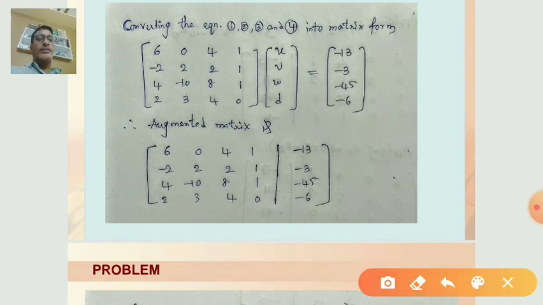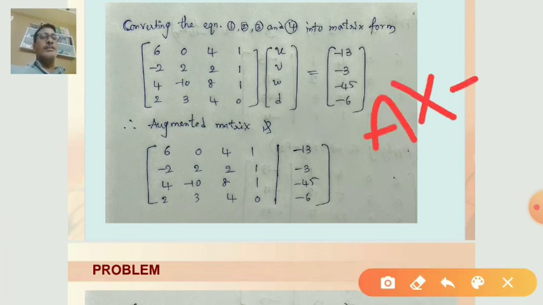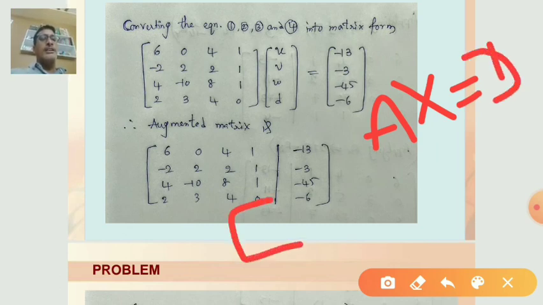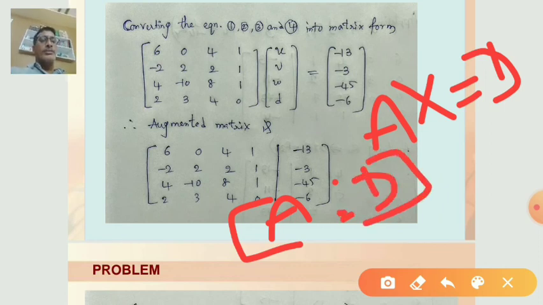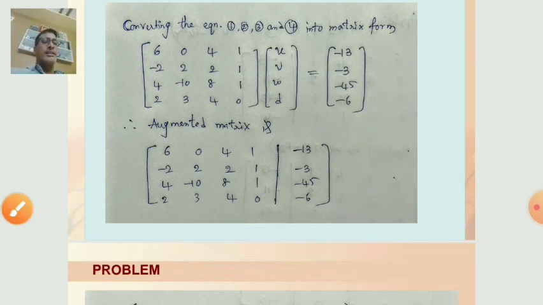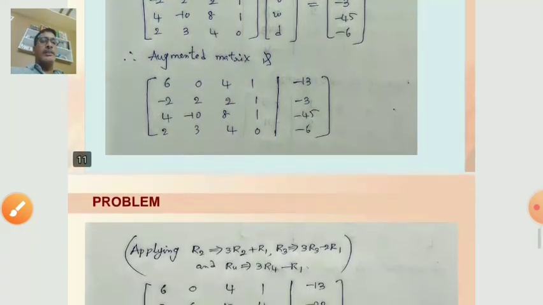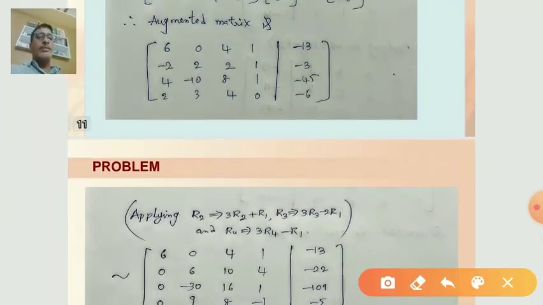This matrix equation is of the form AX is equal to D. Then the augmented matrix can be written as [A D]. The augmented matrix is just obtained by inserting the constant matrix D beside the coefficient matrix A. So this is the augmented matrix.